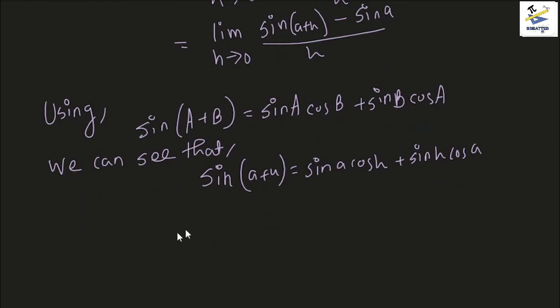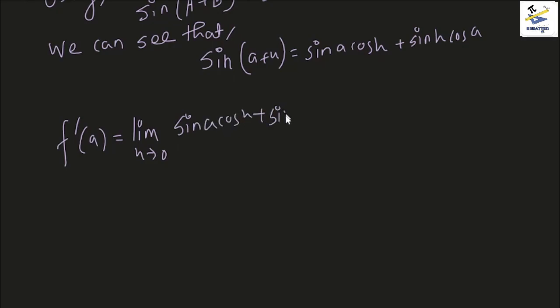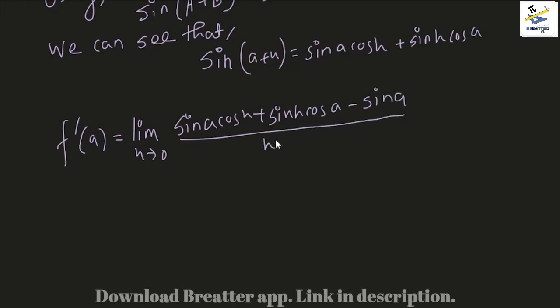When this is done, what we can do now is we can find the limit L. Actually here we do not need to call the answer L, we already have a name for it. So f dash a is equal to limit h tends to 0 of sin a cos h plus sin h cos a minus sin a, divided by h, right?